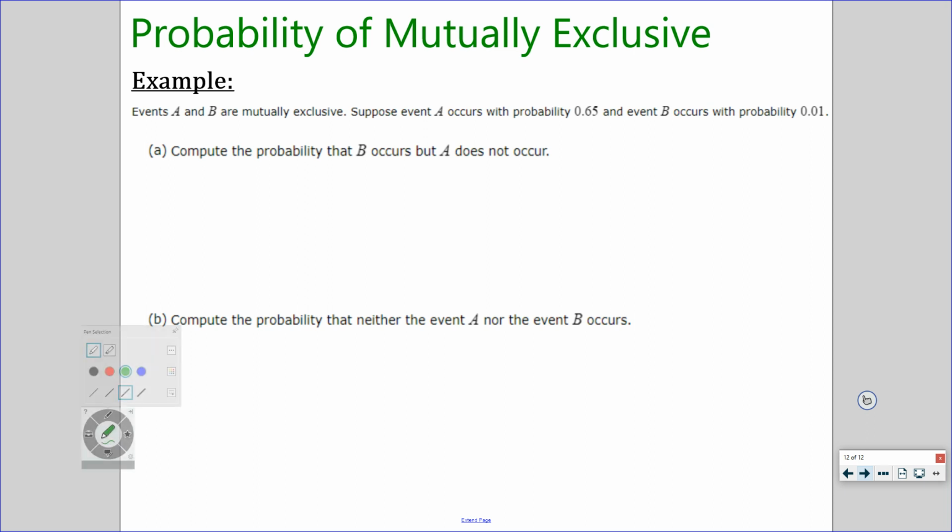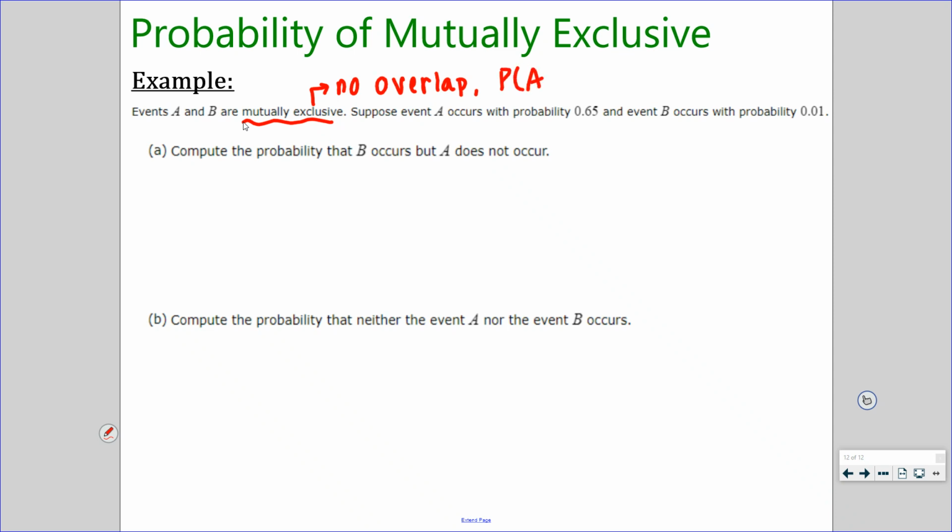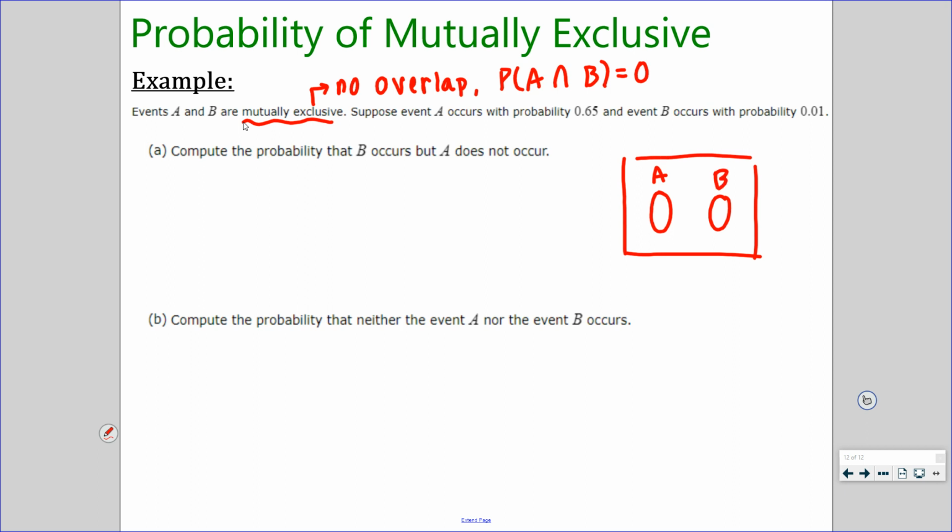So again, mutually exclusive means no overlap, or A and B is 0. Or, draw a picture. Here's A, here's B. And this kind of helps you actually for the next one. Compute the probability that B occurs, but A does not occur.